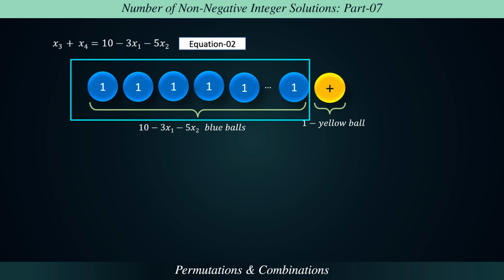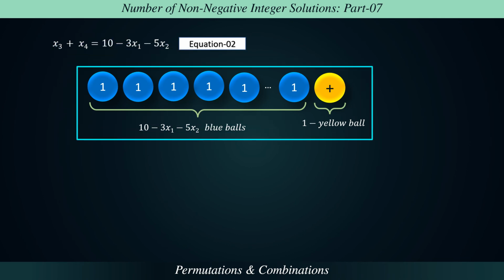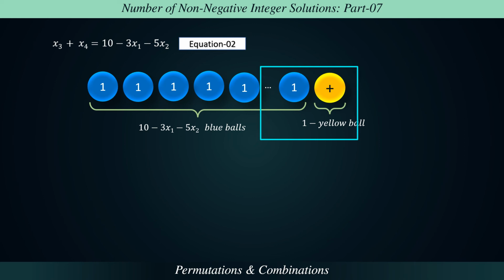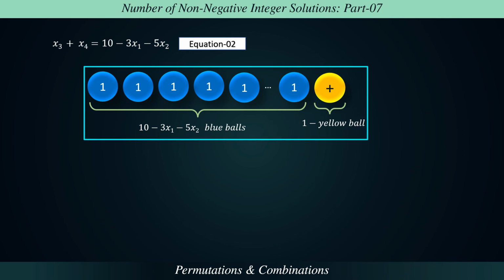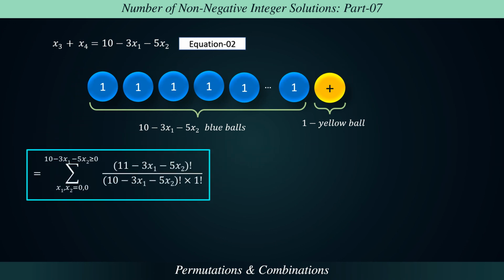We have a total of 11 minus 3x1 minus 5x2 balls, out of which 10 minus 3x1 minus 5x2 are of one kind and 1 is of the second kind. So the total number of ways of arranging these balls equals 11 minus 3x1 minus 5x2 factorial divided by the product of 10 minus 3x1 minus 5x2 factorial and 1 factorial.